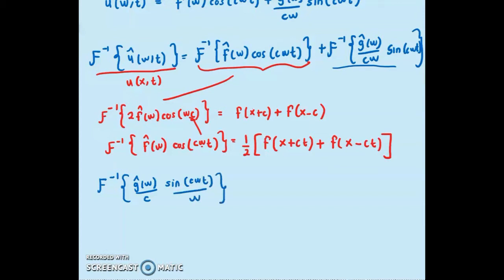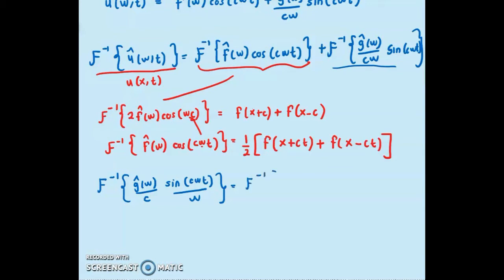Okay, so this is what we want to find next. There is a table for sine, where we can use the Heaviside function definition, and this can be used as a convolution theorem.